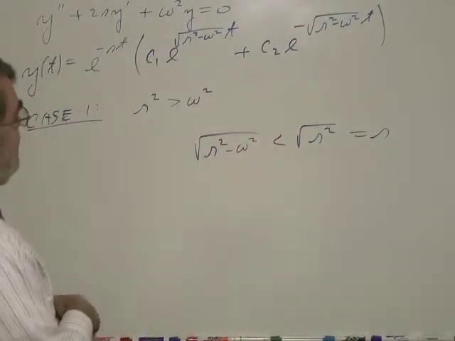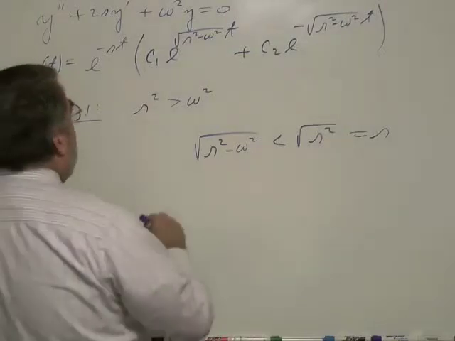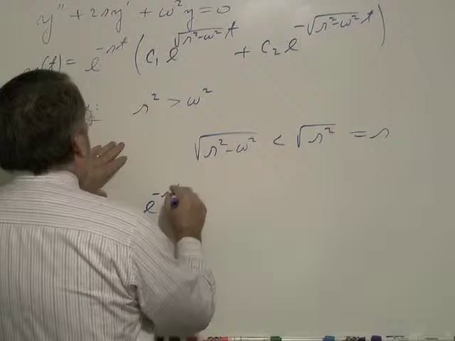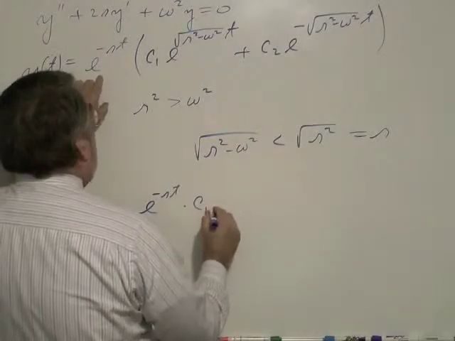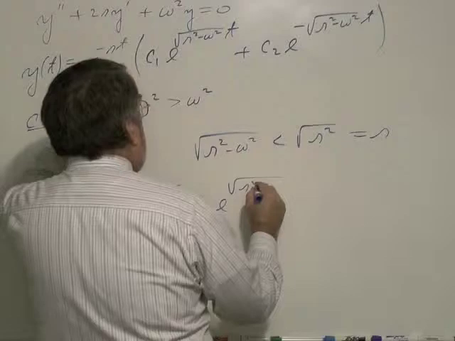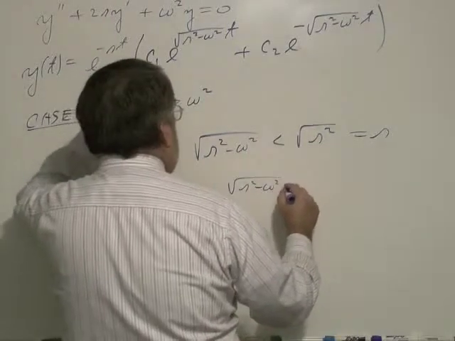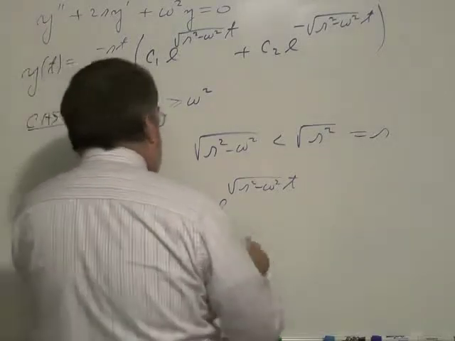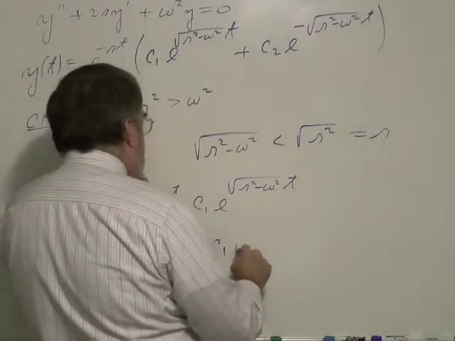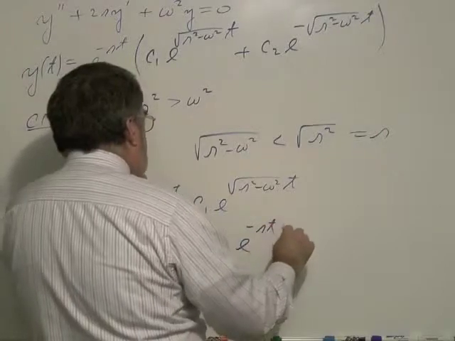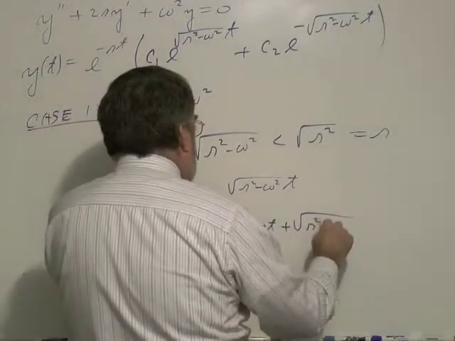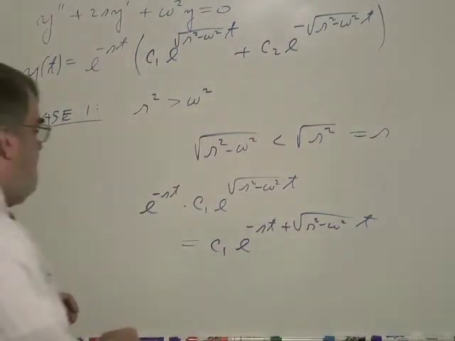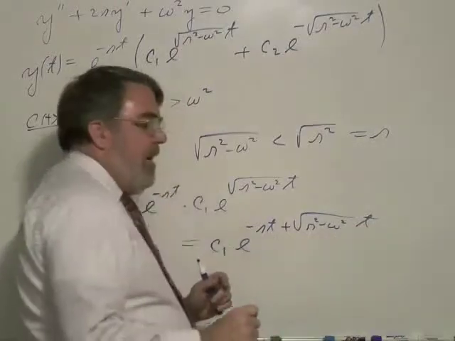So what that tells us is that when you multiply e to the minus rt times c1 e to the square root r squared minus omega squared t, then I'm kind of going backwards here. If I re-add these exponents, e to the minus rt plus the square root r squared minus omega squared t, factor the t out if you like.